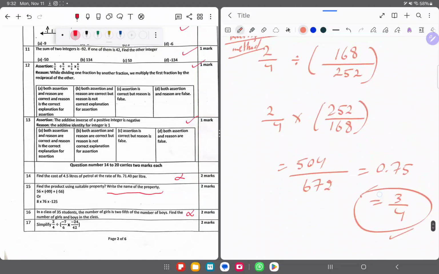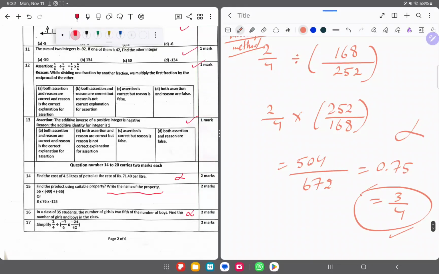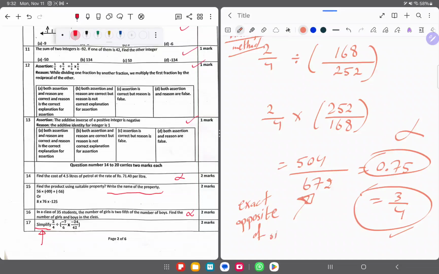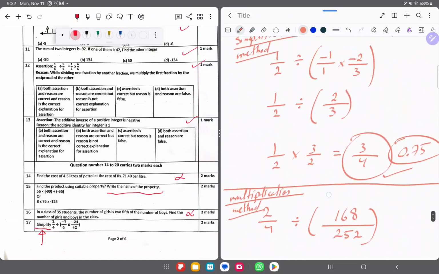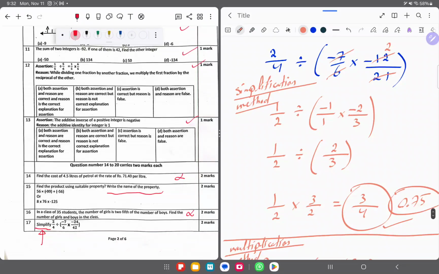The multiplication method, and this is not one of them. If you want to write 0.75, what did she ask? She asked simplify. The question was simplify. Simplify doesn't mean this. This is the exact opposite of simplify. You didn't simplify, you multiplied. Simplify means you need to divide, you need to cross out.